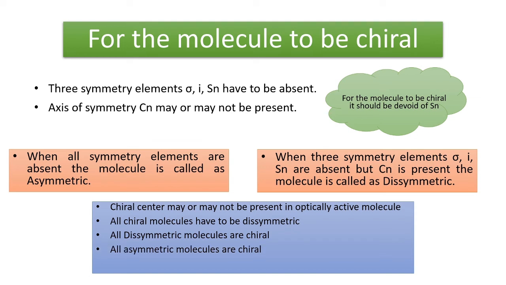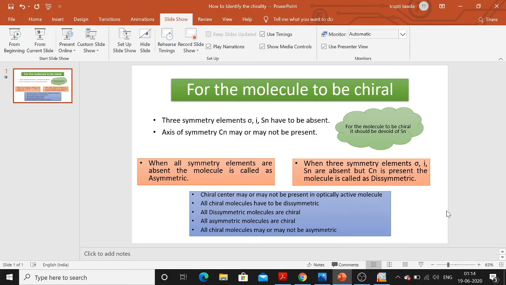All asymmetric molecules are also chiral in nature. But not all chiral molecules are necessarily asymmetric. They can also be dissymmetric. So for a molecule to be chiral, there are 2 categories: molecules can be either asymmetric or dissymmetric. Okay, so that's it from the symmetry elements point of view.